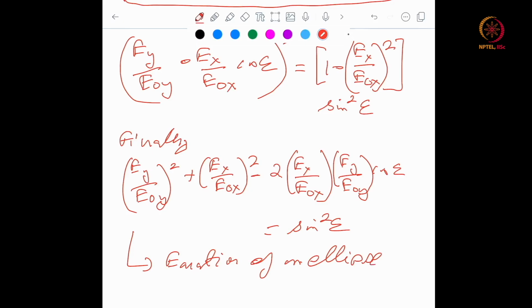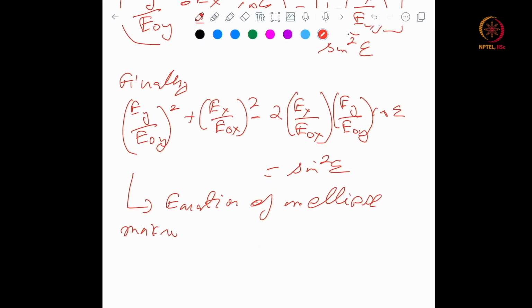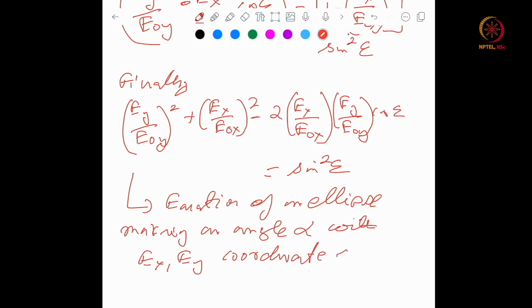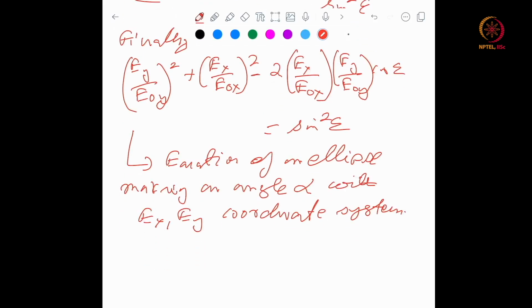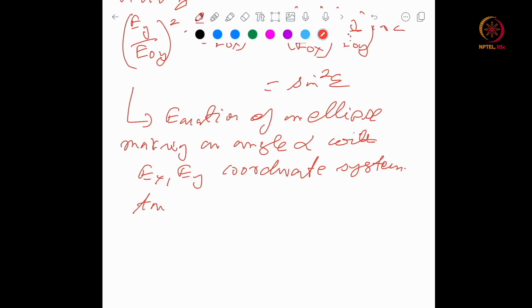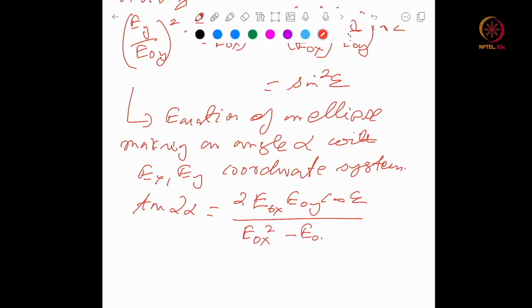An ellipse making an angle alpha with the Ex, Ey coordinates. So tan 2α is given as 2 E0x E0y cos ε divided by (E0x² − E0y²).